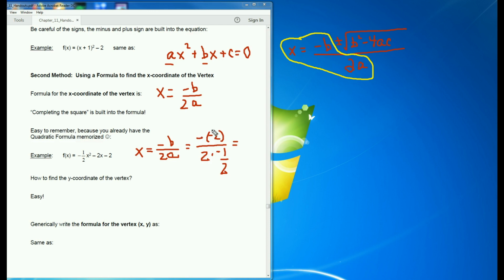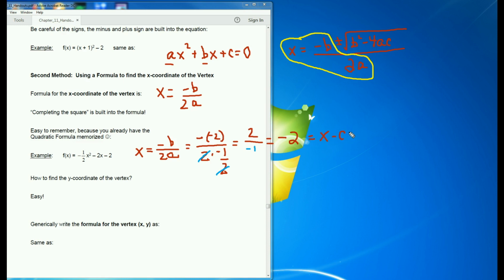All right, so the negative of negative 2 is just 2. And then in the denominator, there's a 2 over 2, and I'm left with the negative 1. So that equals negative 2. Okay, so that's the x-coordinate of the vertex.